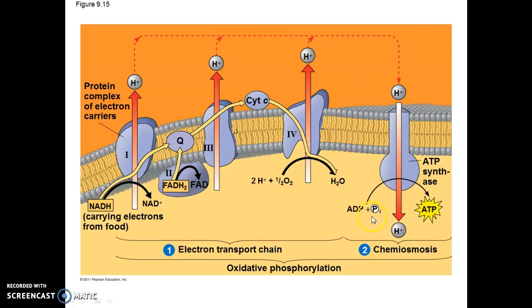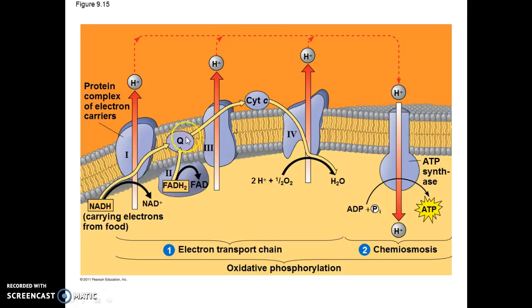Notice that this is an inorganic phosphate, so this is no longer substrate level phosphorylation. This is a great example of oxidative phosphorylation, relying on the presence of that oxygen to pull the electrons across the chain. Again, when the H's and the O's get together, there's that water.